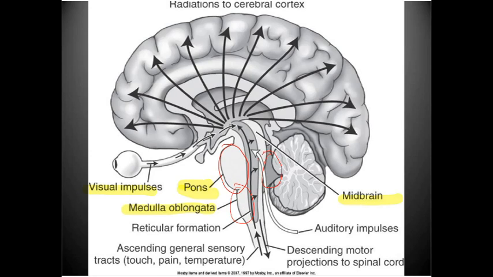We have the fourth ventricle here, cerebellum here, aqueduct of Sylvius, third ventricle.